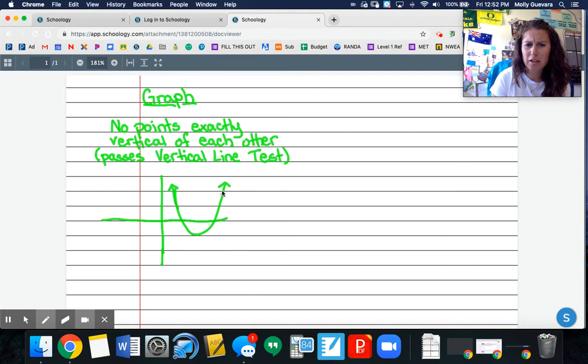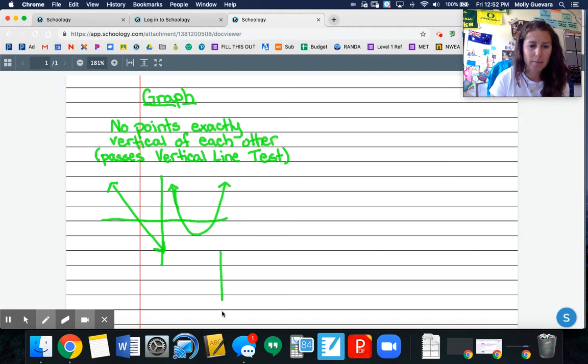Even though it may look like they are, right? As we get into these steeper sections, they're never exactly vertical of each other. So that would be an example of a graph that is a function. Another example would be just a straight line, right? That's another example of a graph that is a function. At no point are 2 points exactly vertical of each other, okay?